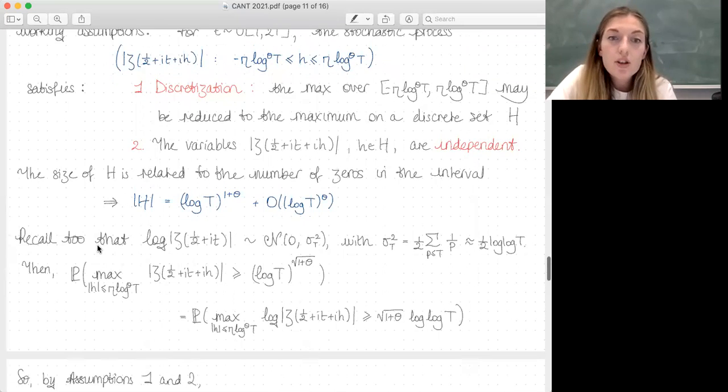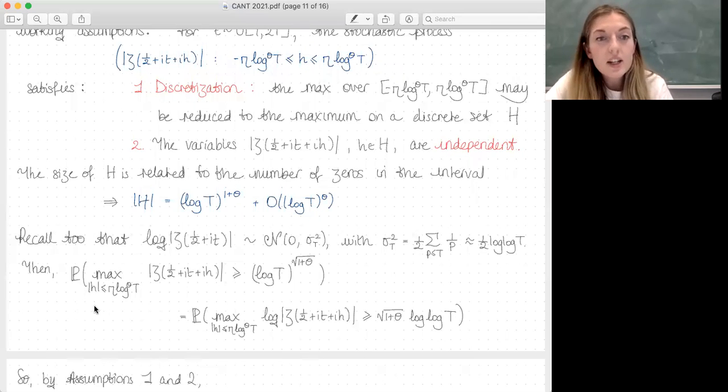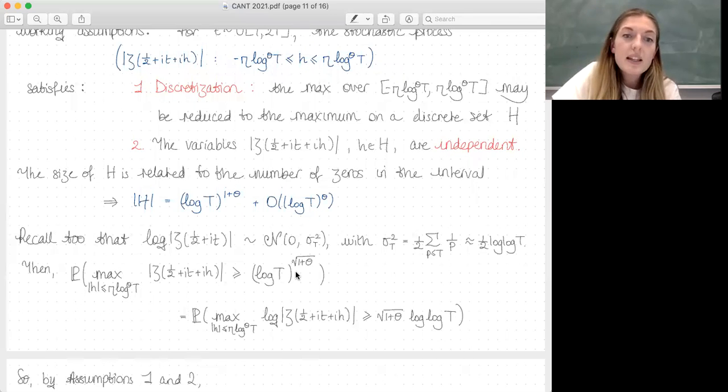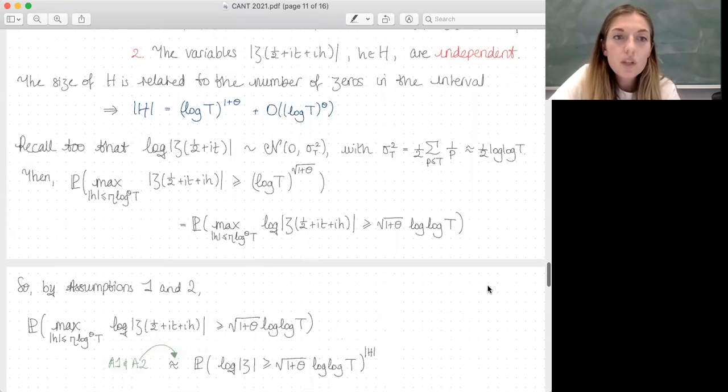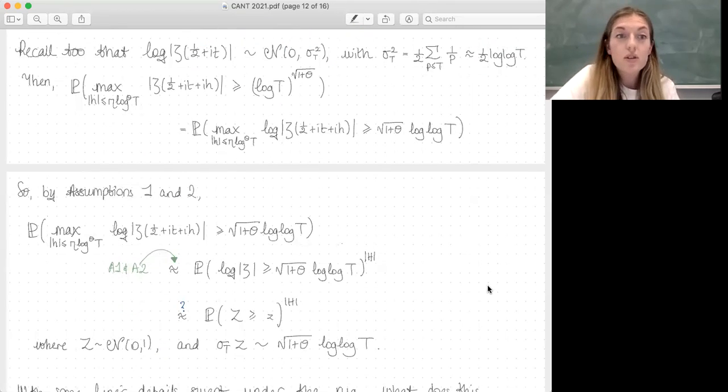Okay, just a small hint at the calculations. We want to understand the probability that the maximum over this window is greater than this predicted leading order. You want to show this probability is small. To go from this equality, I would just apply log to both sides of the event in question, so nothing's happened there. Then I invoke the 2 assumptions.